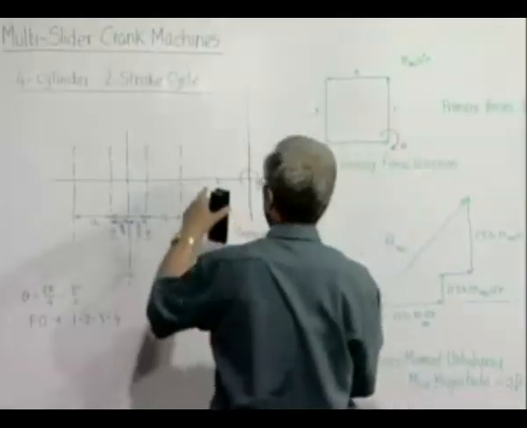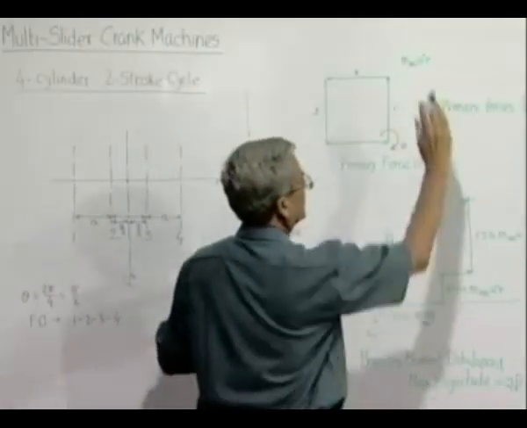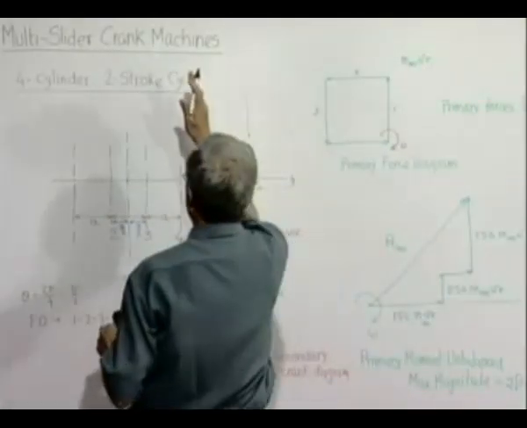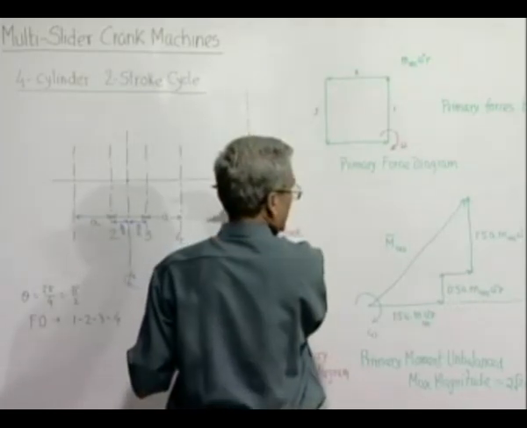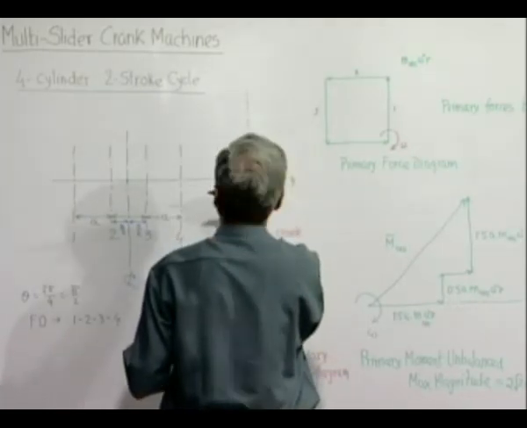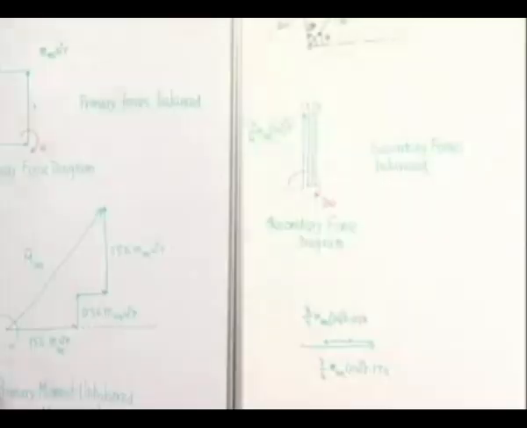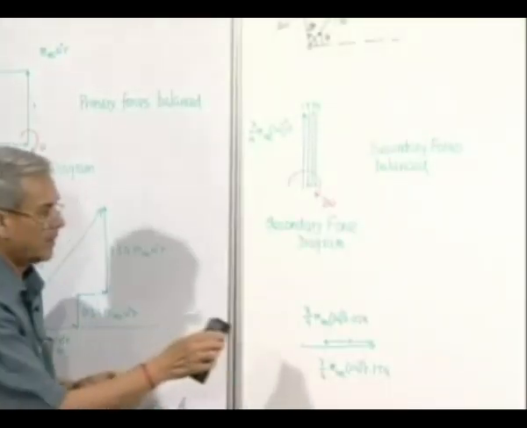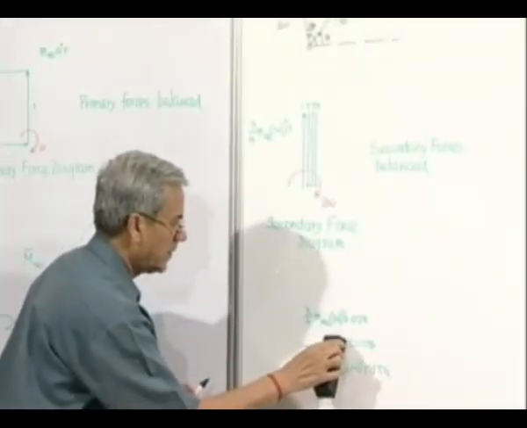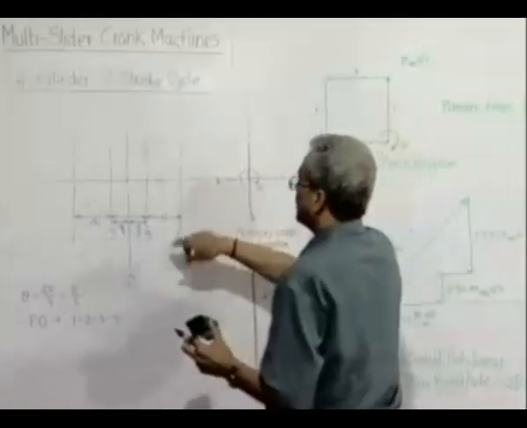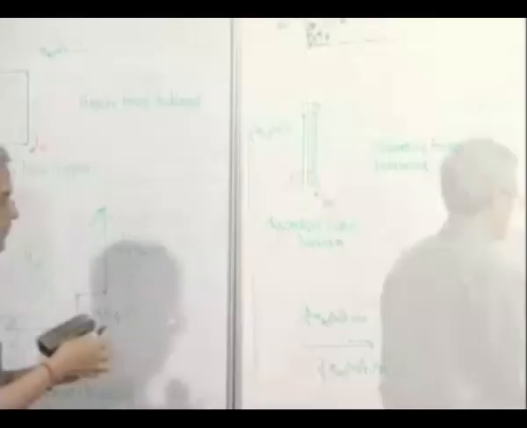And then the fourth one, whose force is in the upward direction here, and obviously here it is down. The downward force should go in the other direction, I am sorry.